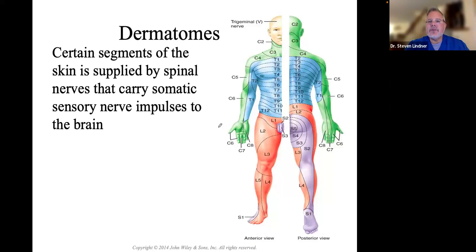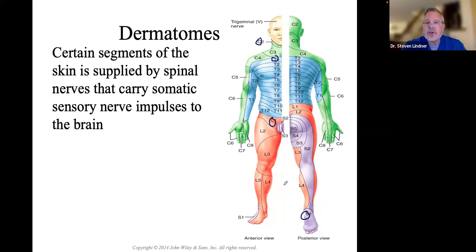When we look at dermatomes, we can see the cervical spine, the thoracic spine, the lumbar spine, and the sacral spine, right? C is for cervical, T is for thoracic, and the L's are for lumbars, and then you'll see occasionally the S for sacral.